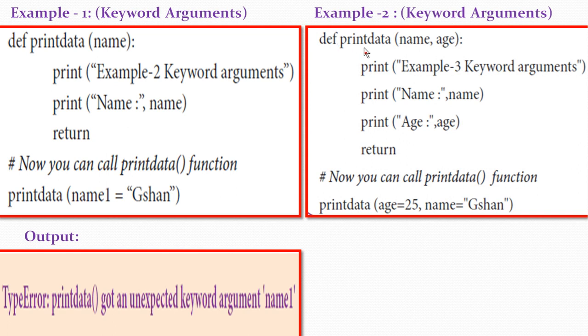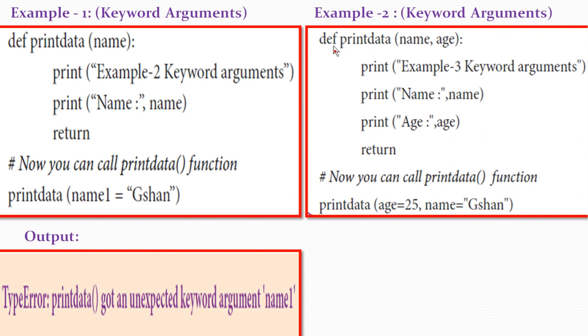Def print data name age, print example 3 keyword arguments, print name colon equal to name, age colon age, return. In the calling section we are giving the 2 keyword arguments, age equal to 25, name equal to Jishan. In the calling section, age and name are given in reverse order.